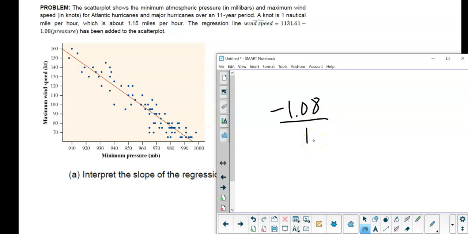And 1 is the minimum pressure. So every time the minimum pressure increases by 1 millibar, the maximum wind speed decreases by 1.08 knots. Okay, let's see what they said.